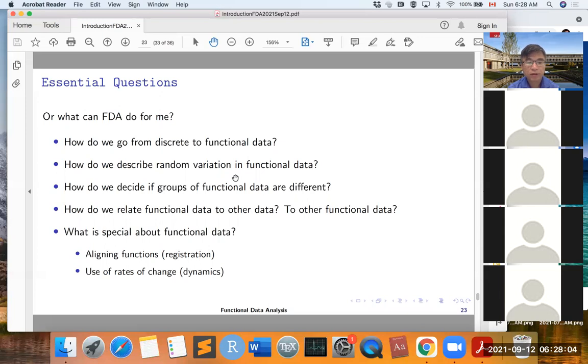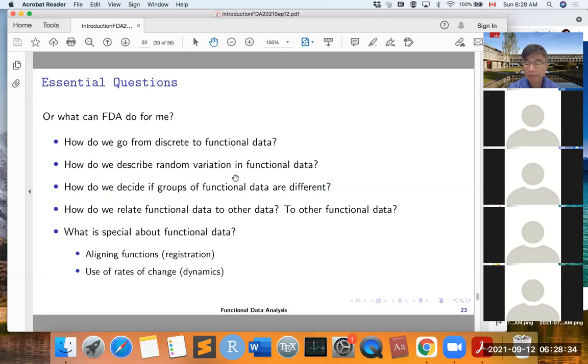Another thing is that in functional data, we treat each function as a smooth function of time. Therefore, we can look at the derivative of the function. We know the derivative measures the rate of change of the process, so we can study the rate of change of the process.